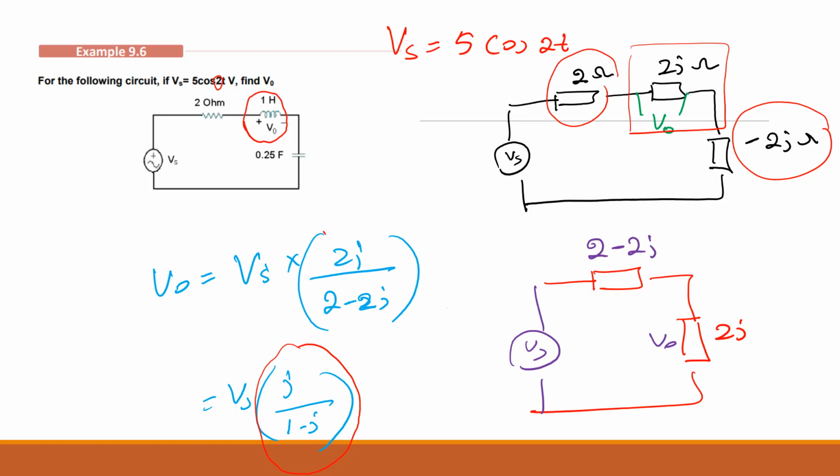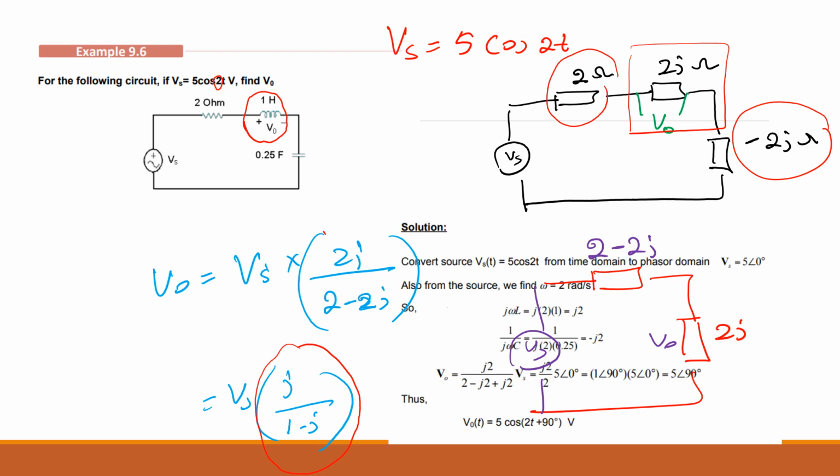Okay, so do we know how to simplify this one? How do we simplify that? The 2 will cancel out. We have 2 everywhere. Yes. Sorry, that's my error.